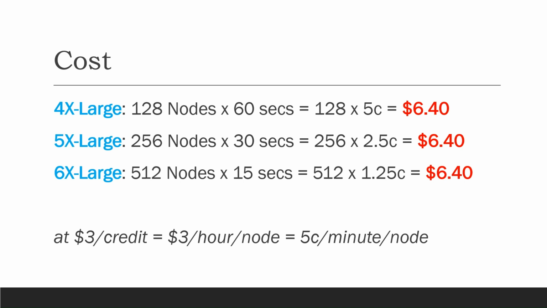But look, it's very interesting, and I just rounded it up. You see, for the 5x large at 30 seconds, I had about 25 seconds. Once again, yes, I had double the nodes, but I have half the time of the query. So basically, this cost me the same. If you look at the third experiment, it's almost the same, 640.